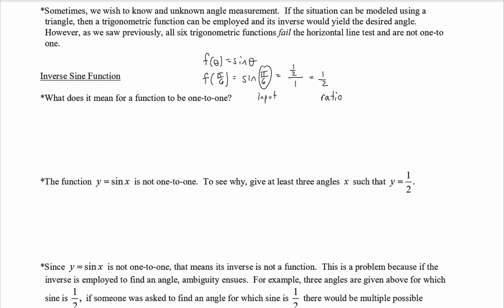We're going to change positions. If we use x and y notation, the input would be x, the output would be y. But we want to think about what if we change those positions? What if the domain became the range and the range became the domain? That's what we're going to investigate. But before we get too far ahead of ourselves, let's remind ourselves of some generic inverse function information that we're going to need.